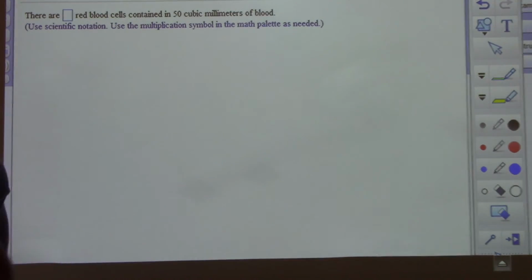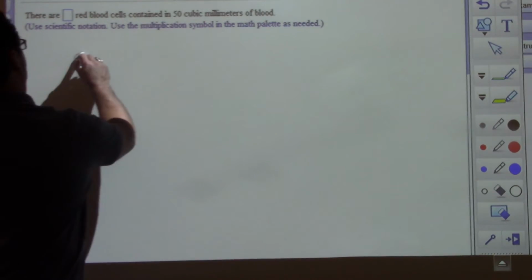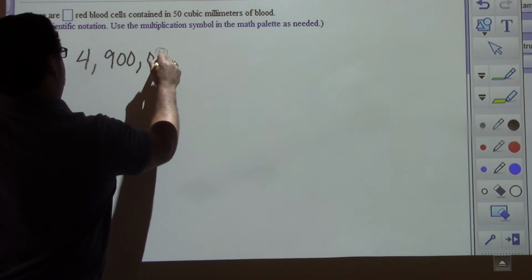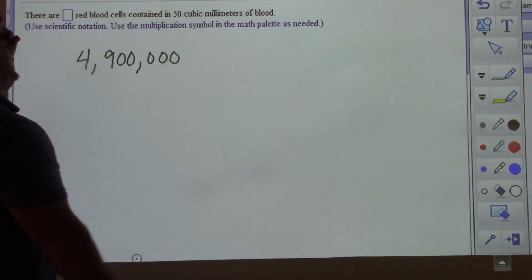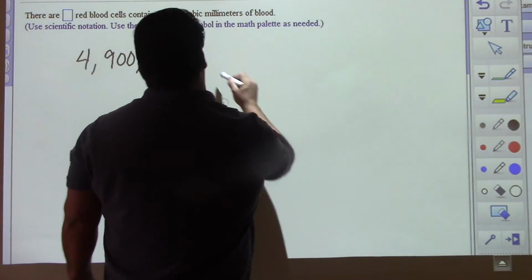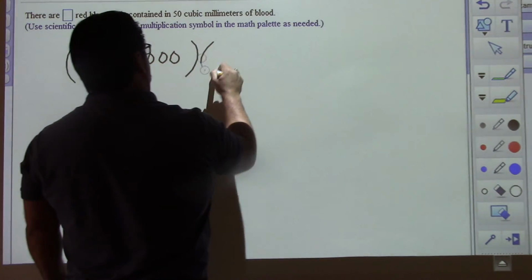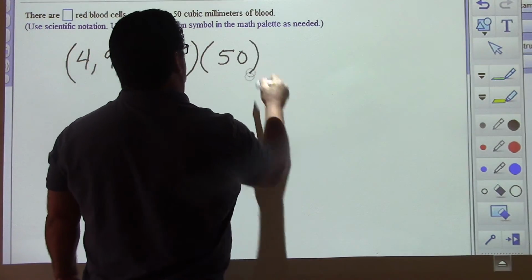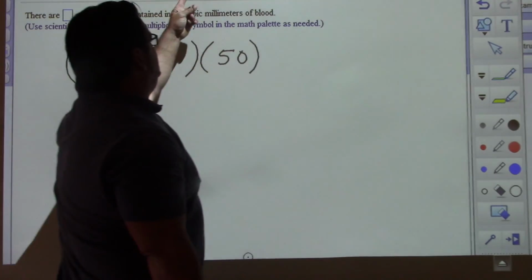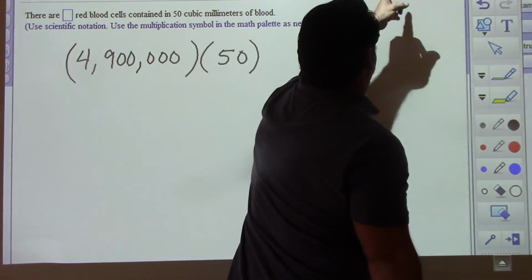This one says, you should not even try this problem. That's what it says. If a cubic millimeter of blood contains 4,900,000 red blood cells, how many blood cells are contained in 50? If a car holds 7 people, how many cars does 10 hold?